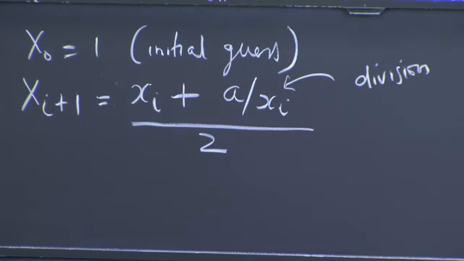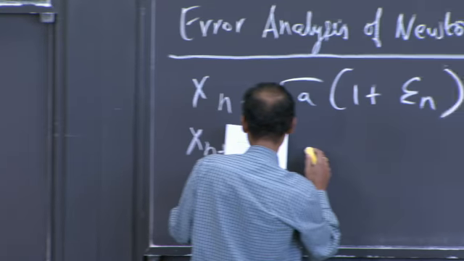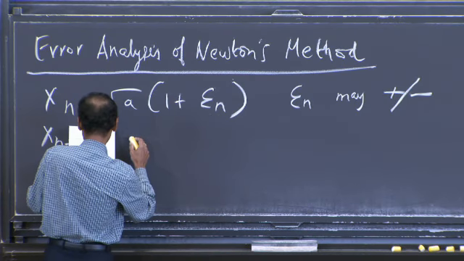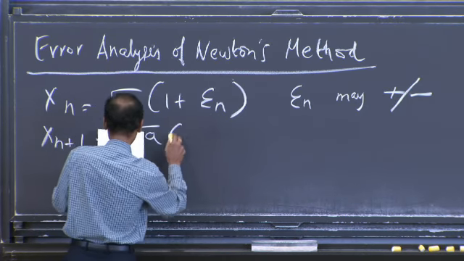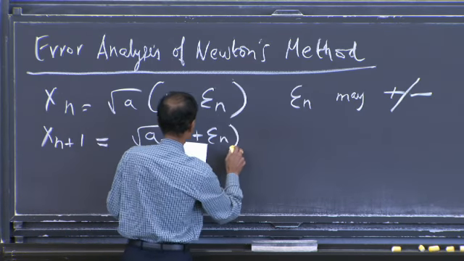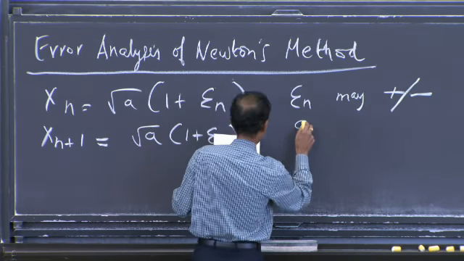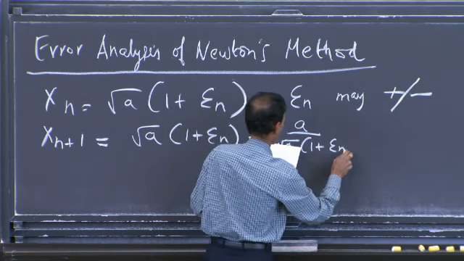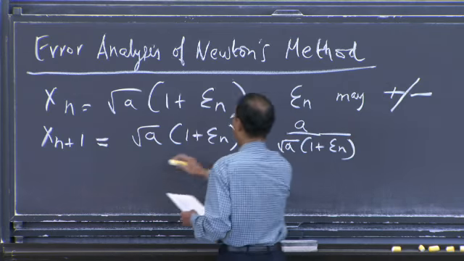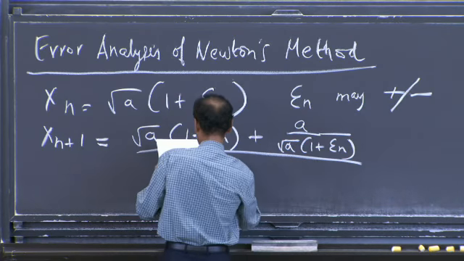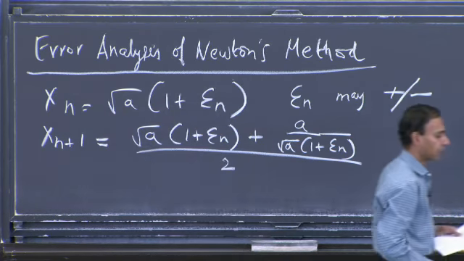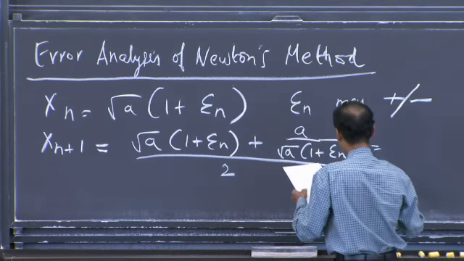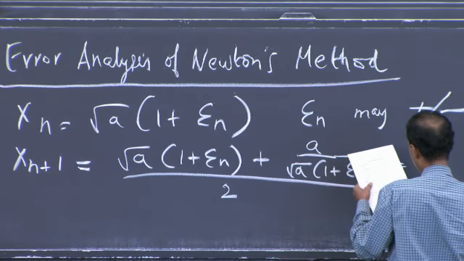And so if you take this equation and plug this into that and ask what x_{n+1} is, x_{n+1} would be square root of a times (1 plus epsilon_n), plus a divided by square root of a times (1 plus epsilon_n), all divided by 2. Just plugging in the value of x_n, and then a couple of steps of algebraic simplification.